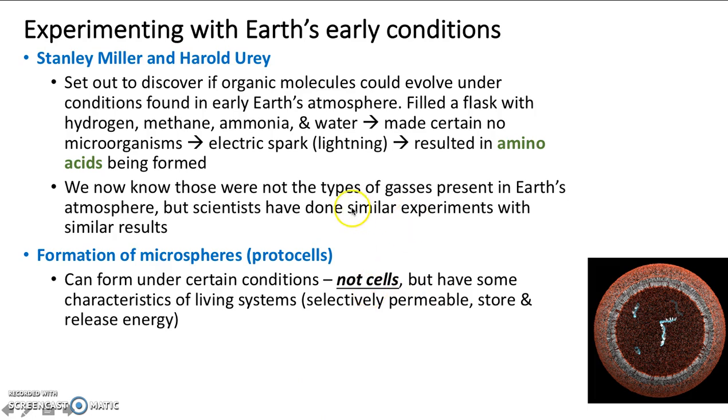So our next step was that we needed some type of cells. There are two different terms. Your book uses the term protocell. Other books will use the term microspheres. This image over here is an image of a protocell. Basically it is a bunch of lipids, which are fats. Think about if you pour oil into water and it forms little bubbles.